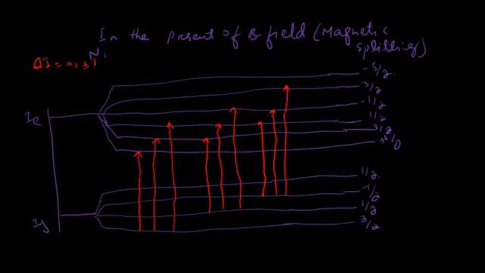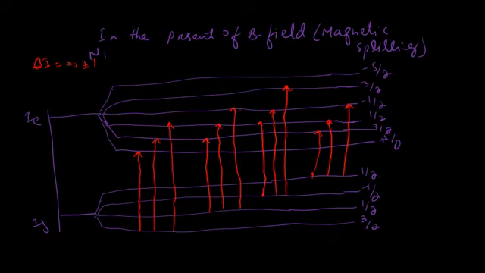And then others are from minus 1 by 2: it will be possible to 3 by 2, then from minus 1 by 2 to 1 by 2, and then from 1 by 2 to minus 1 by 2. These are the possible transitions.